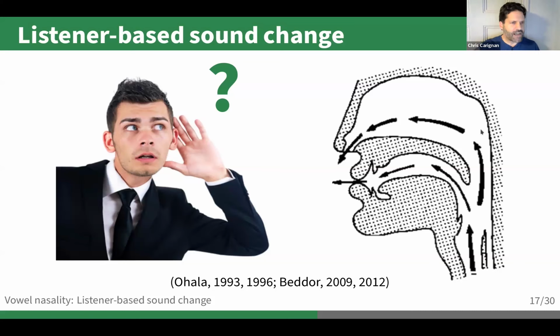So effectively, there really isn't any physical constraint on the tongue and the velum acting independently or together, or whatever they want to do. So this is, again, a case kind of like the alternation of labials and velars, where we think that if these acoustic effects led to the sound change patterns that we see historically, this is likely listener-based sound change.